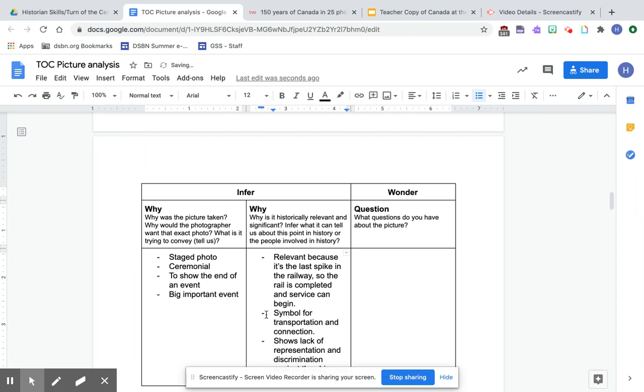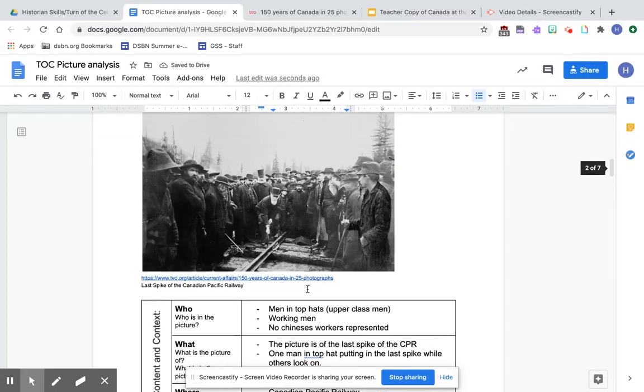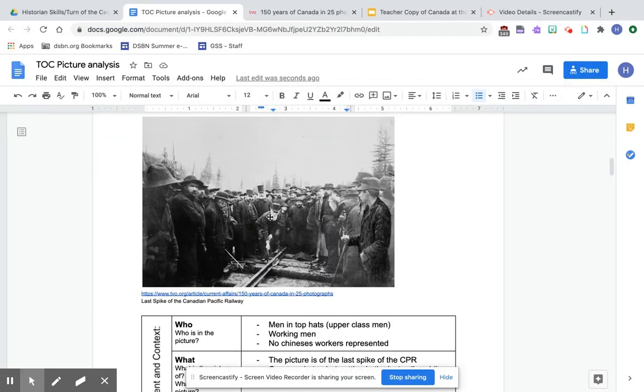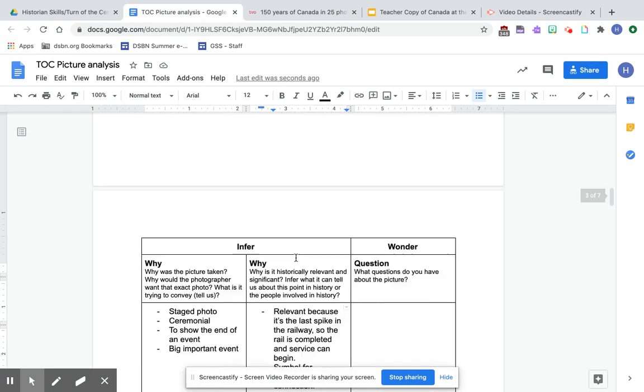And those who really built the railway, not that man in the top hat who was the owner of the railway. He probably did nothing to the physical building part except for this. And realistically, he probably posed for the photo and then another man went in and actually laid the last spike.